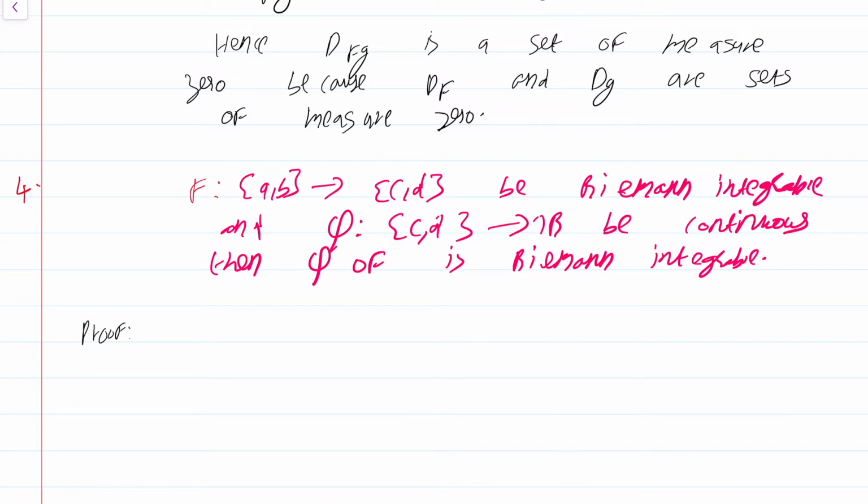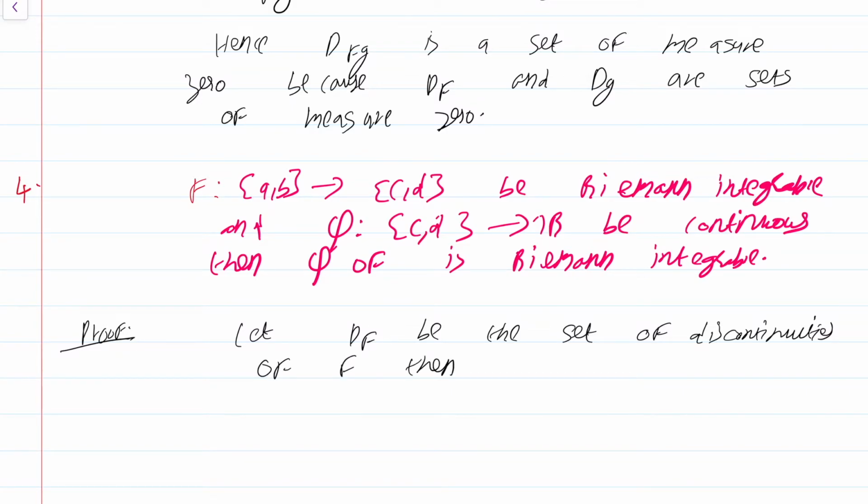Proof. Let D_f be the set of discontinuities of f. Then the set of discontinuities of phi composed with f is a subset of D_f. Why is this true? Again, because the composition of two functions will be continuous at a point if f is continuous at that point and phi is continuous at f of that point.